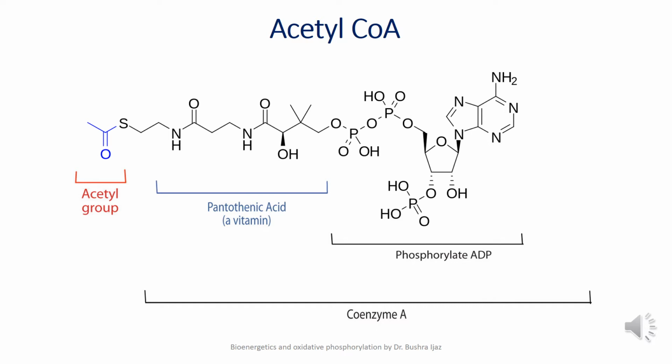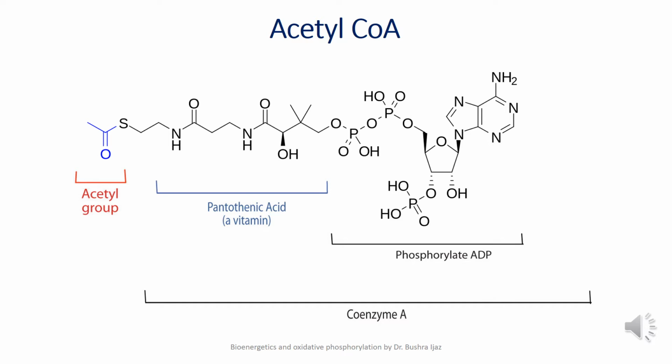Coenzyme A is acetylated to acetyl coenzyme A by the breakdown of carbohydrates through glycolysis and by the breakdown of fatty acids through beta oxidation. Acetyl coenzyme A then enters the citric acid cycle, where the acetyl group is oxidized to carbon dioxide and water, and the energy released is captured by ATP molecules and one GTP molecule per acetyl group.